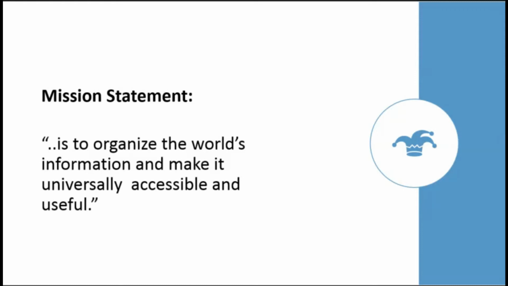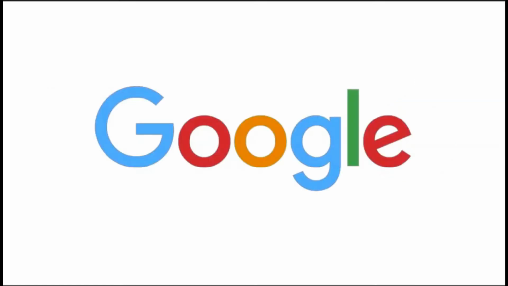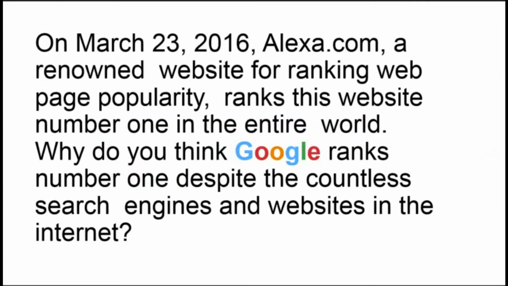You have probably guessed it by now. Of course, you are correct. It's Google. On March 23, 2016, Alexa.com, a renowned website for ranking web page popularity, ranks this website number 1 in the entire world. Why do you think Google ranks number 1 despite the countless search engines and websites in the internet?